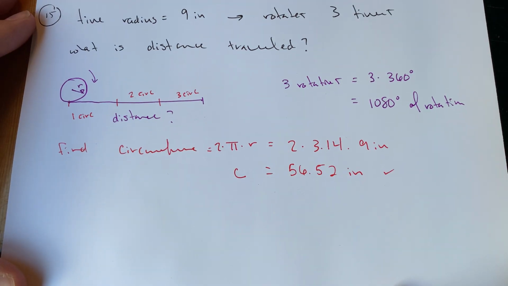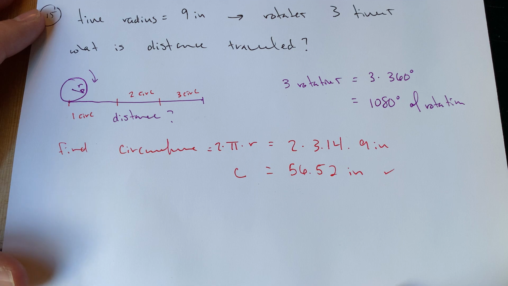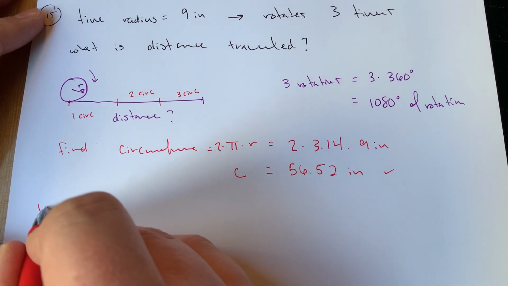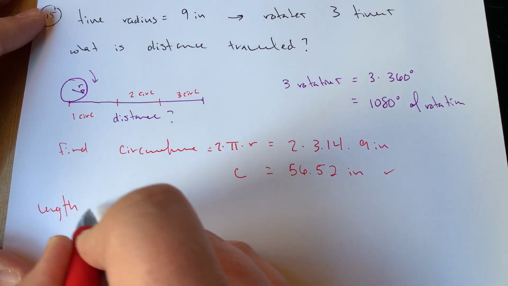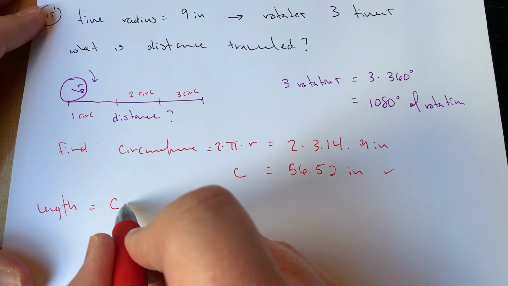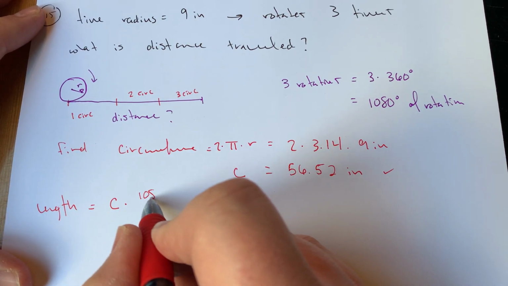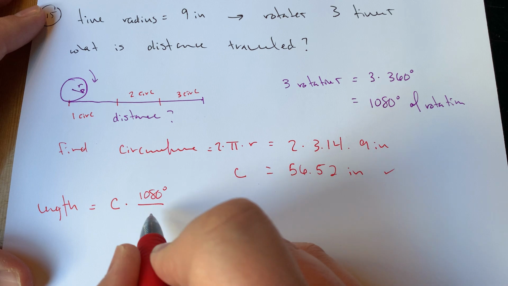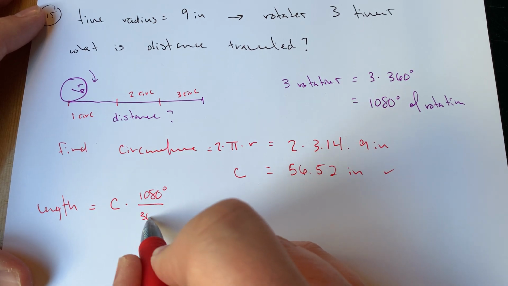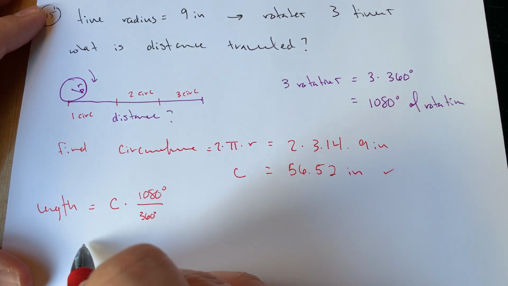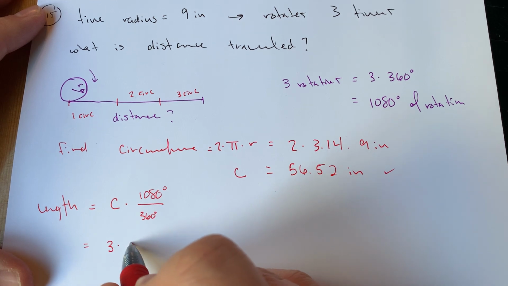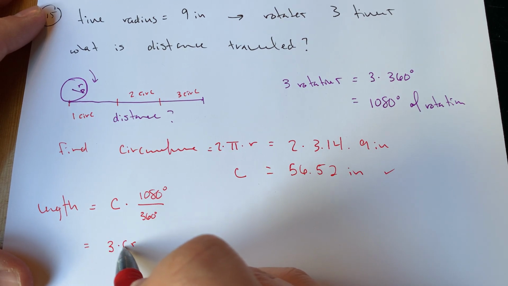Any way I want to think about this, you can write this any way you want. If you want to be very particular and think about it in terms of the arc length formula, you would say your length is going to be that circumference times 1080 degrees of rotation over 360. You could also think of this as just 3 times the circumference.